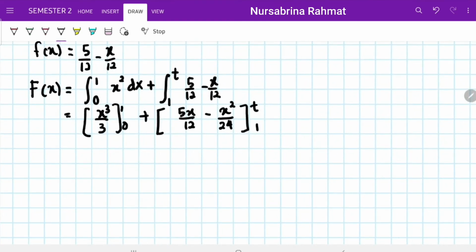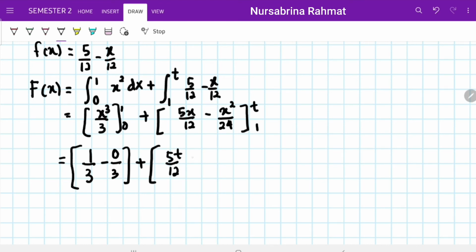So how am I going to solve this? For this one, I replace x with 1, so it becomes 1/3 minus 0/3 for the first part. For the second part, first I replace x with t, so it becomes 5t/12 minus t squared over 24.